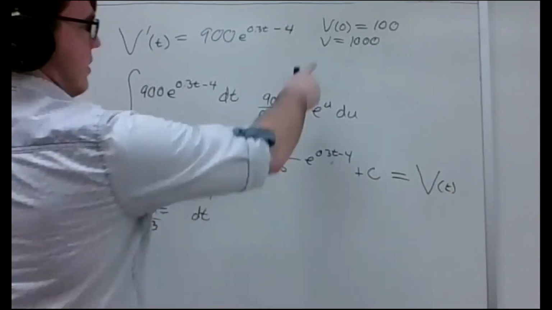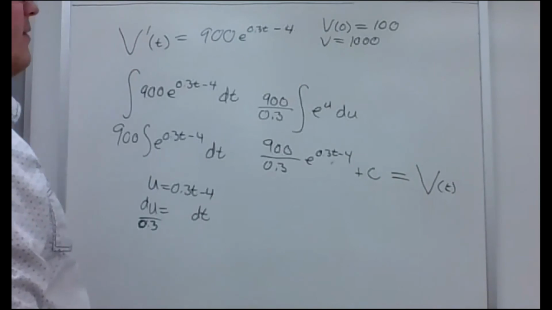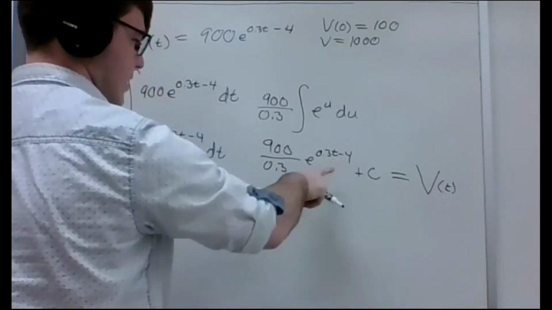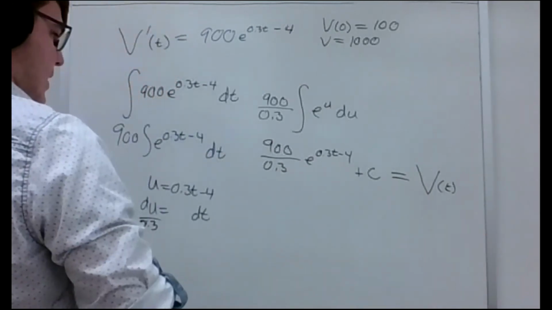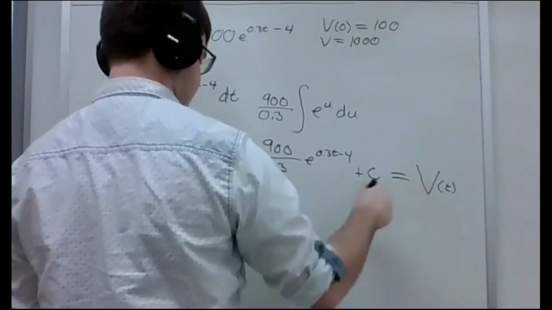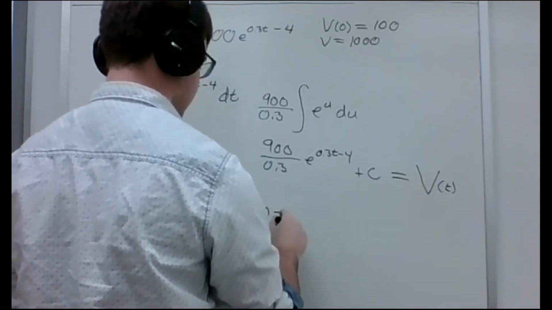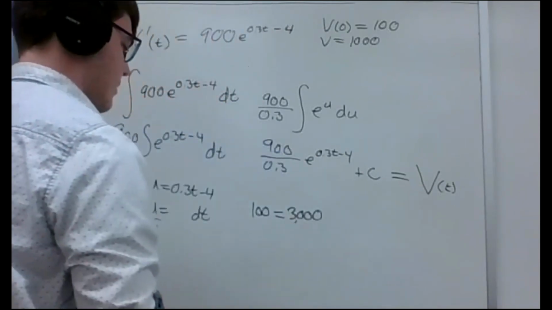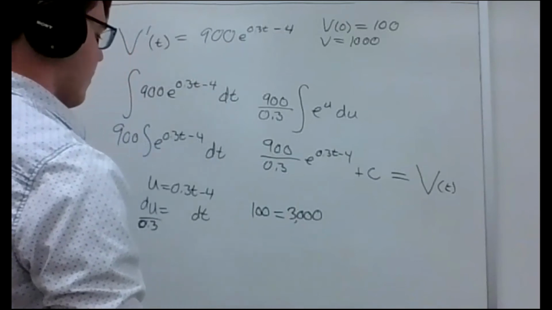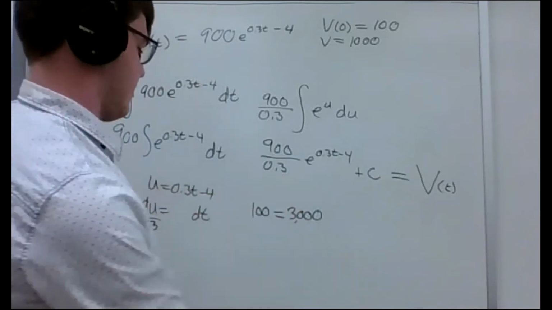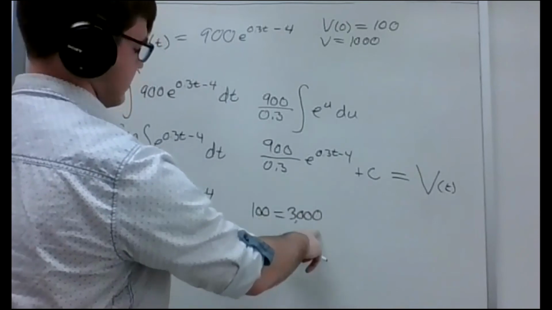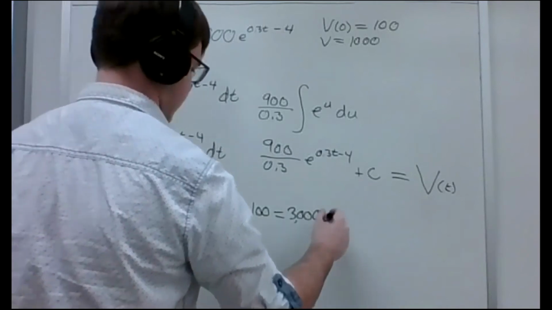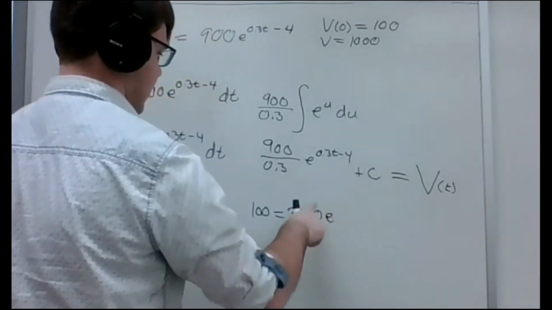So this is where we use our initial value, that V of 0 equals 100. So we're just going to plug 0 in for t. So we get 100 equals 3,000 times e to the negative 4, plus C. Since we're doing it in thousands, we'll leave this as a constant.